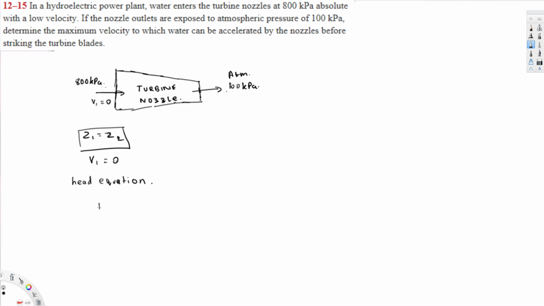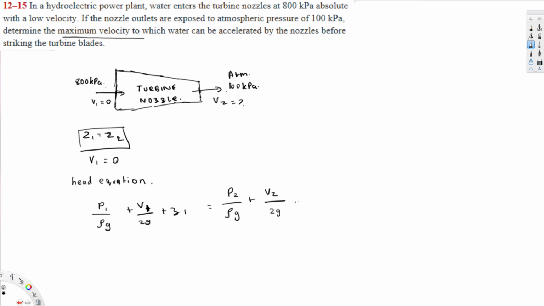That is P1 over rho g plus V1 squared over 2g plus Z1. On the other side, we are going to have P2 over rho g plus V2 squared over 2g plus Z2. V2 is what we are trying to find, the maximum velocity.